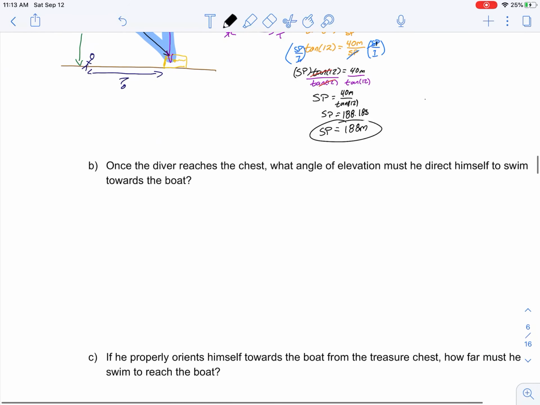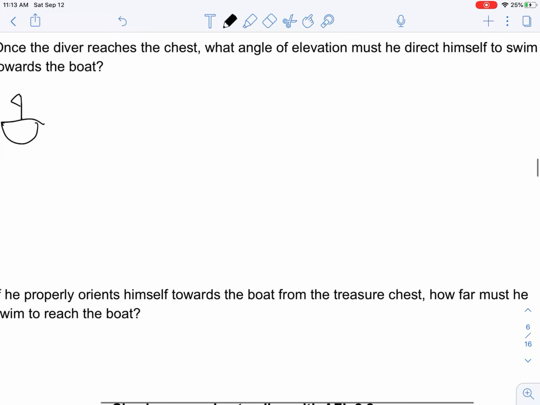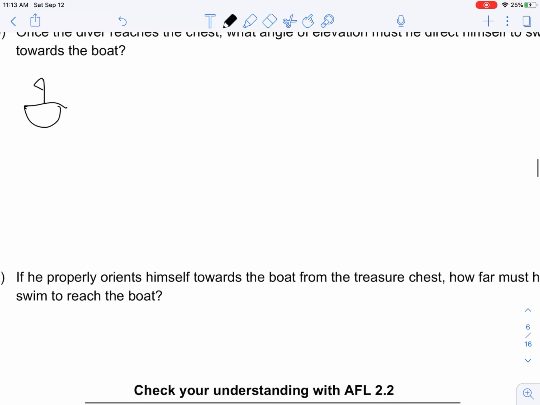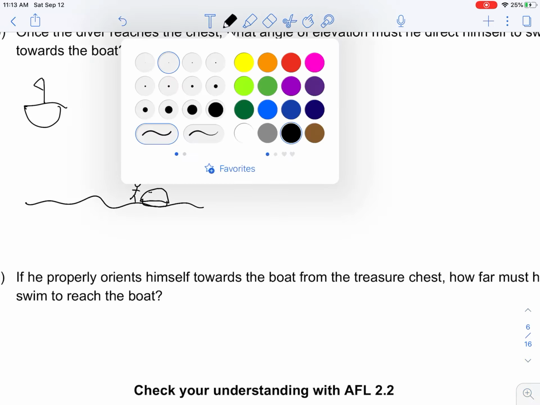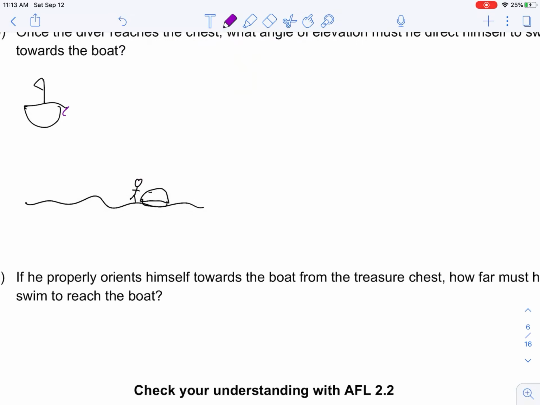So remember, if we draw this out now, we have our boat. We have our guy now at the chest. There's our really poorly drawn chest again. And we know a few things about this situation. This is 188 meters now from our last question.